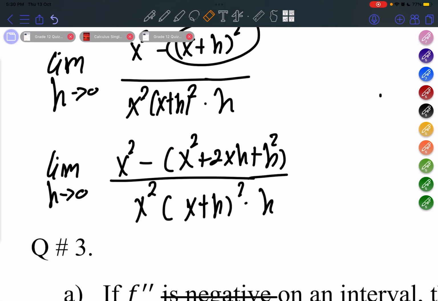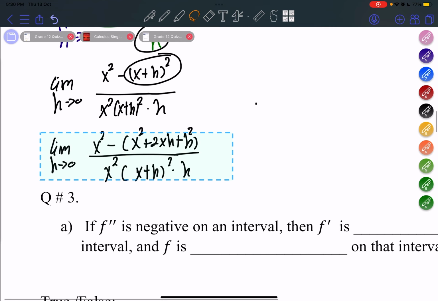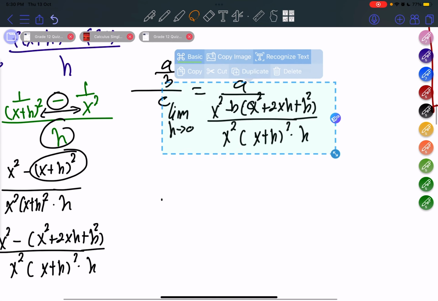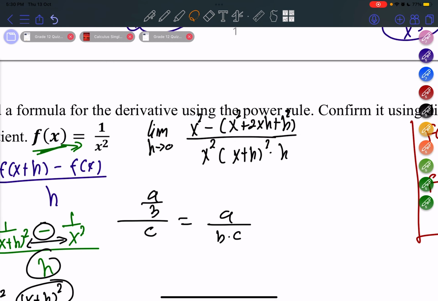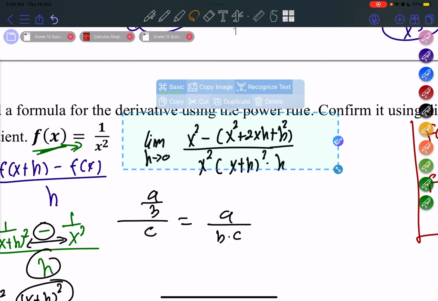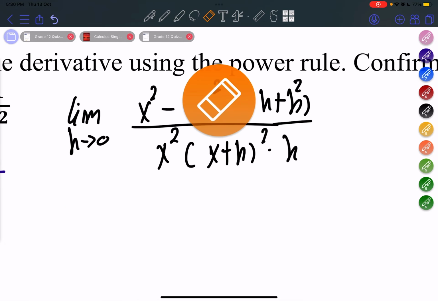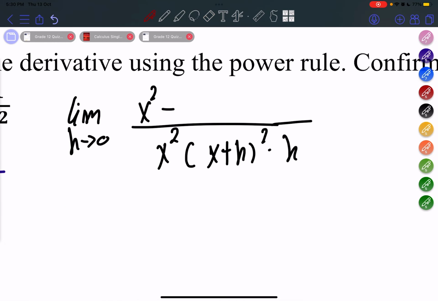So we can just duplicate this equation and it becomes, duplicate here. So if we put it up here, okay, just a little bit down. We don't need this anymore. So this becomes x squared minus x squared minus 2xh minus h squared.